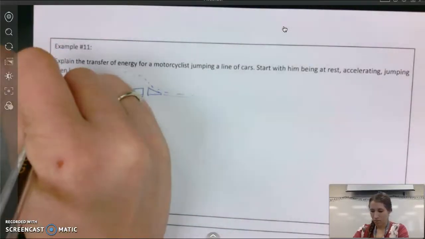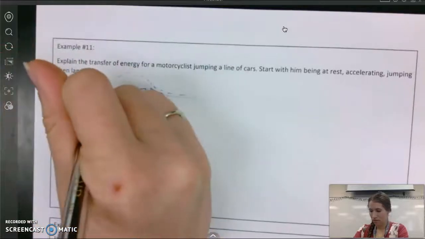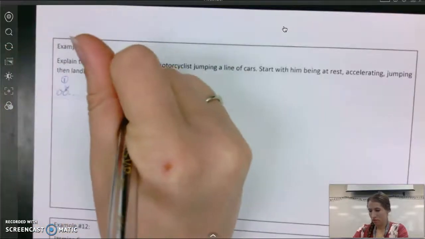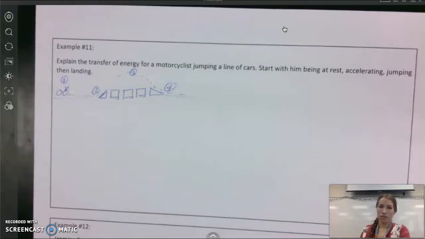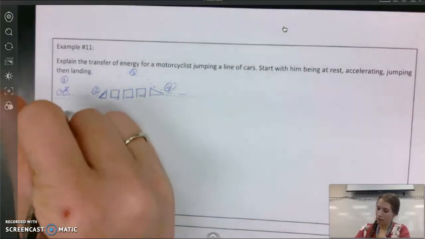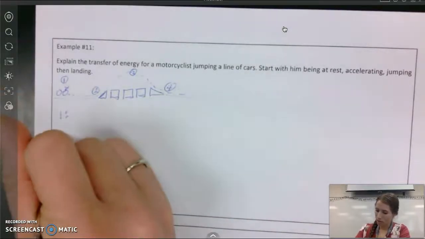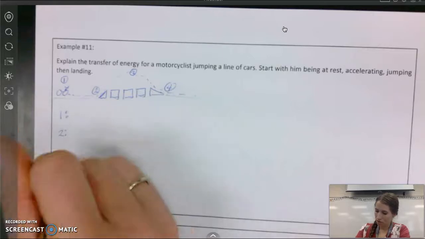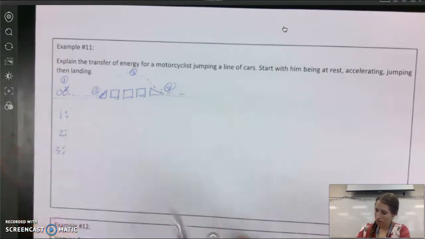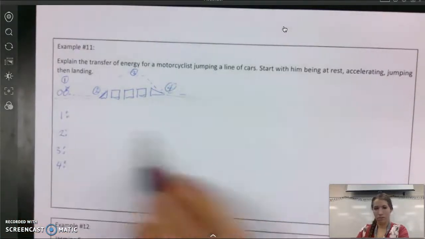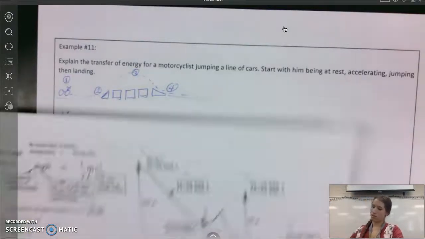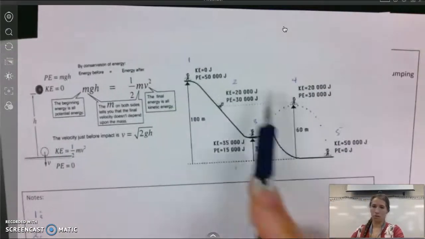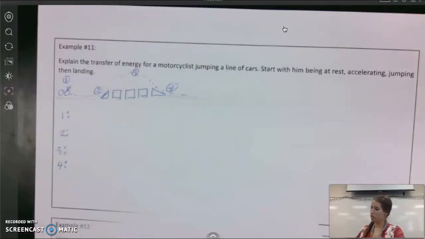We can have this be position 1, 2, 3, and 4. Okay, so I want you to lay out what's happening at 1 as far as energy goes, what's going on at 2, 3, and 4. Okay, write out what you believe is happening. And then if you need a refresher, go back and watch this part of the video where we talk through each of those.